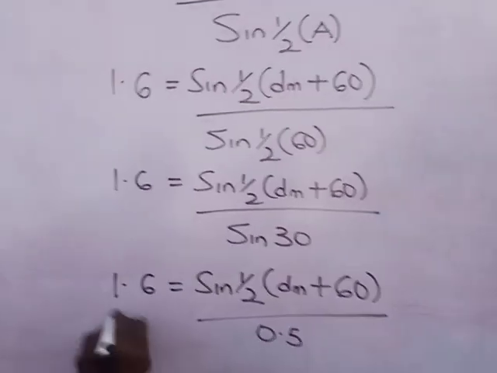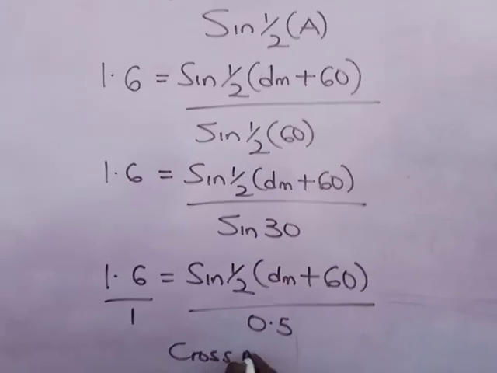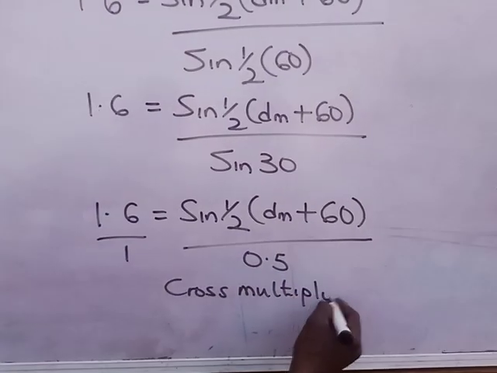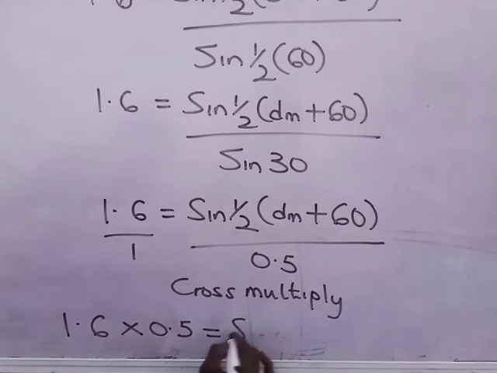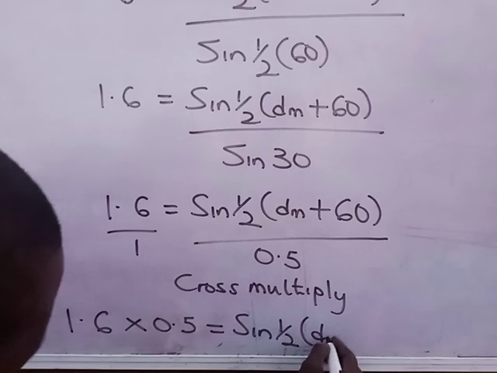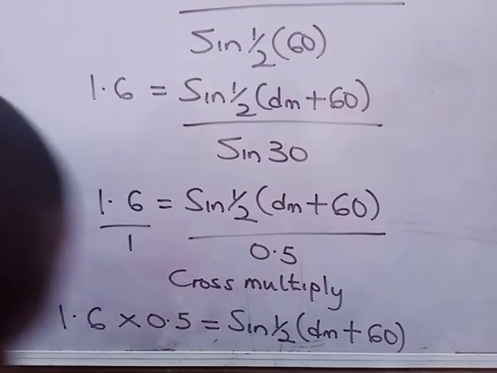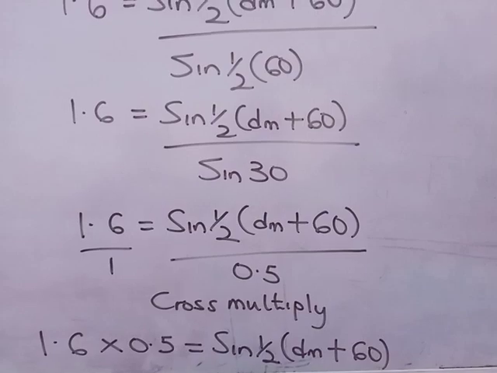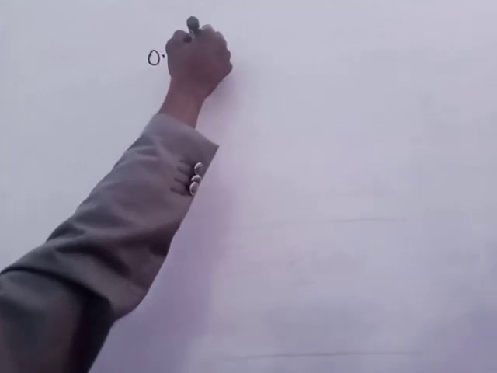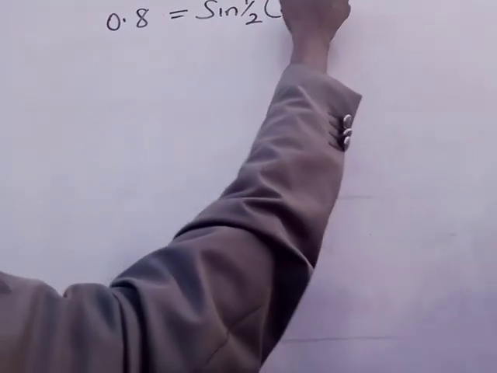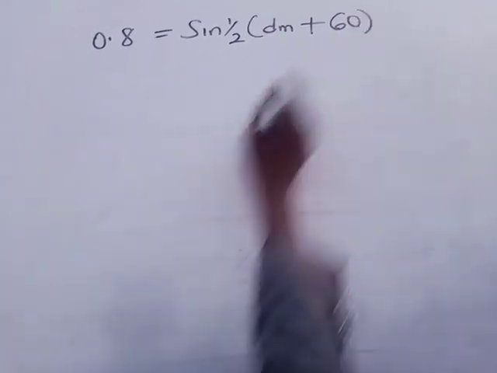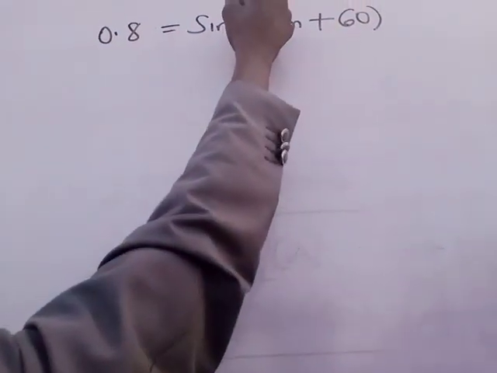When you cross multiply, 1.6 multiplied by 0.5 will give sine half of DM plus 60. I hope this is clear to you. So 1.6 multiplied by 0.5, that's 0.8, and that will be sine half DM plus 60. Now from here, what do we do?